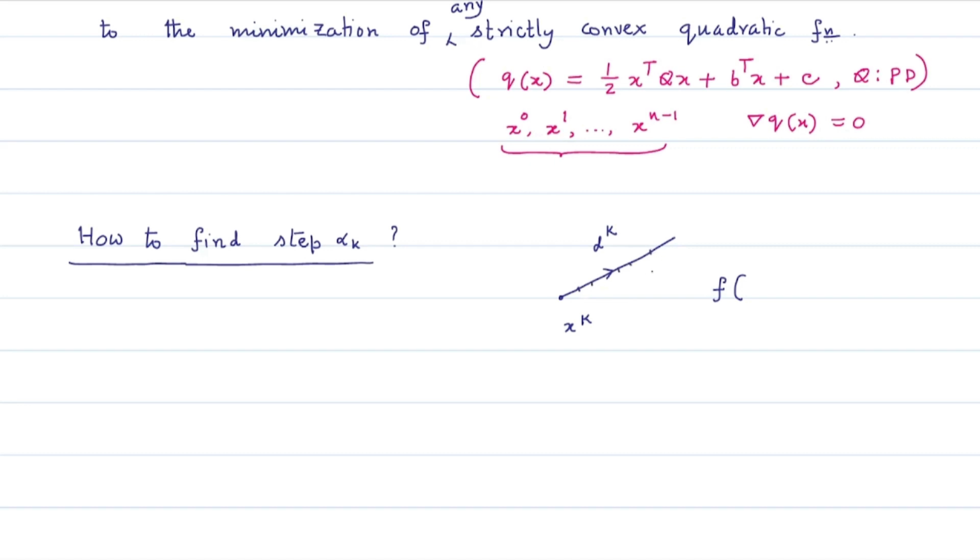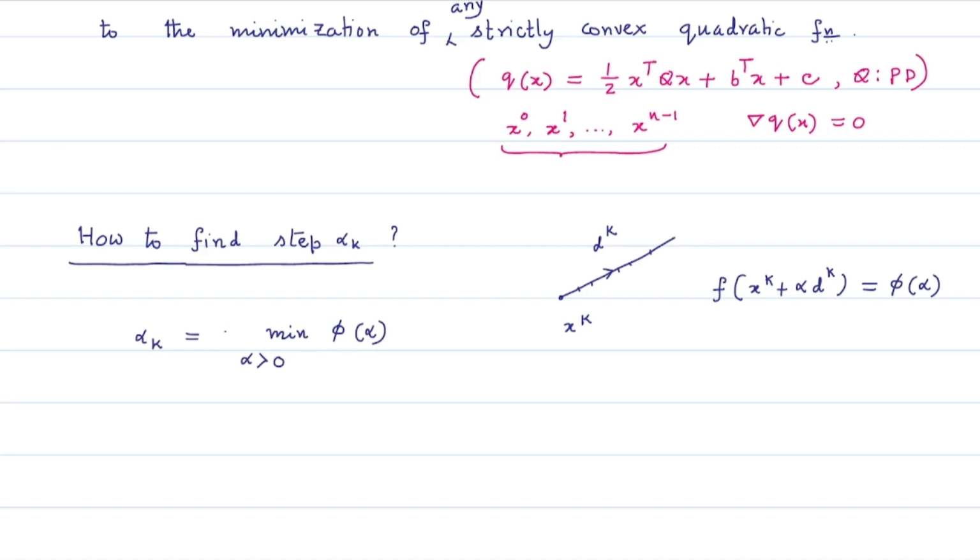Any point in this ray can be represented by xk plus alpha dk, which is certainly a function of one variable. We denote it by phi of alpha, say. So in finding alpha k, we identify a point alpha that minimizes the function phi over alpha greater than 0.